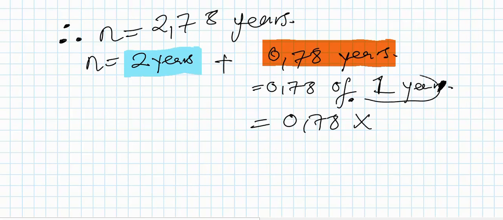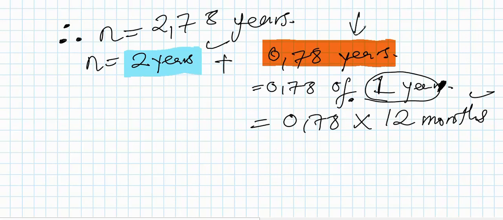And what is 1 year? To rewrite that, well, 1 year is the same as 12 months, right? It's rational for me to move from years to months because this statement cannot fit into 1 year. It's not big enough for it to be a year, so I'll convert it to months.